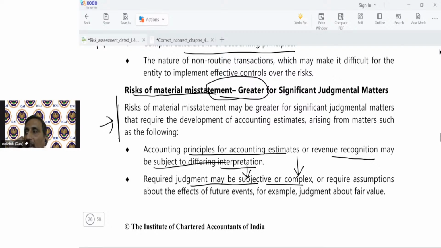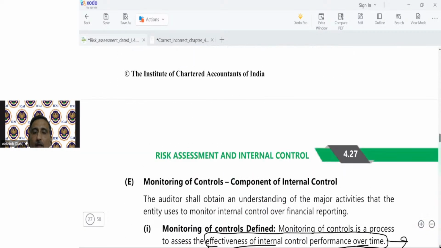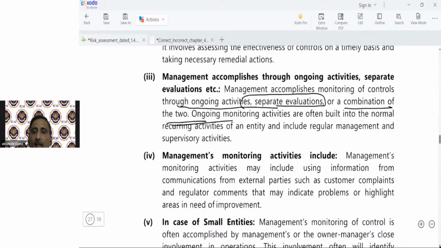So the management might use it to advantage, and that application may not be proper from the auditor's point of view. So there would be a greater risk of material misstatements. Okay. So clear, guys?